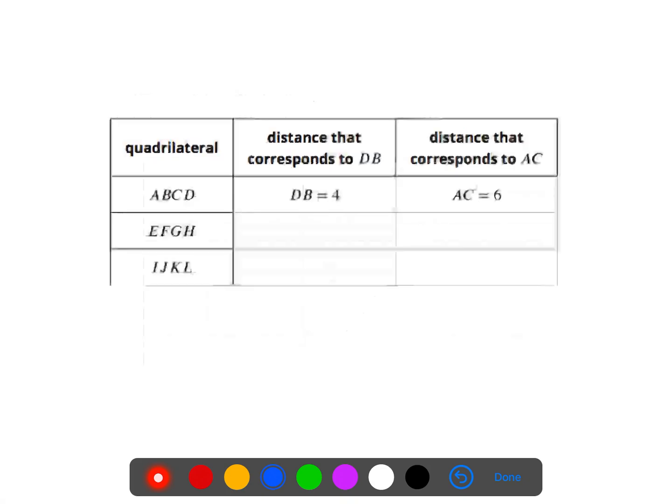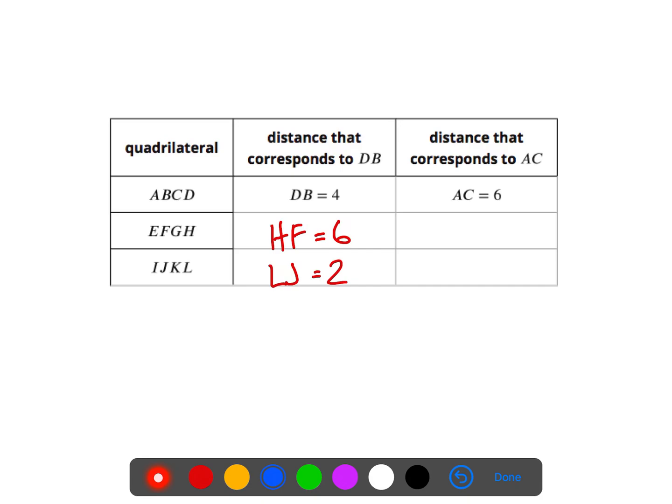Now we're going to go ahead and fill in that table. In the next figure, the distance between H and F would be 6. The distance between L and J would be 2. That was the horizontal distance going through the center of each of those figures.